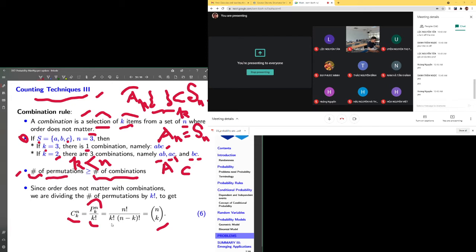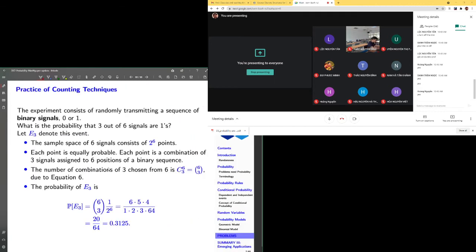So that's why you see this one here. Okay, so formula number 6 is also useful in probability. Then you can move on with that.